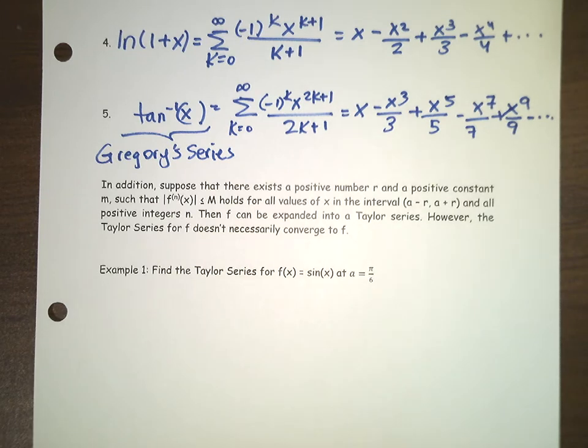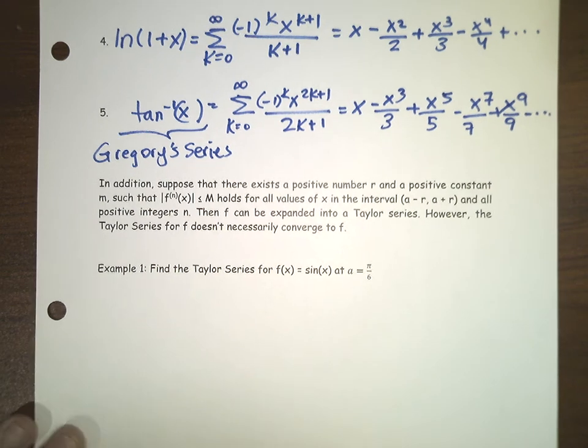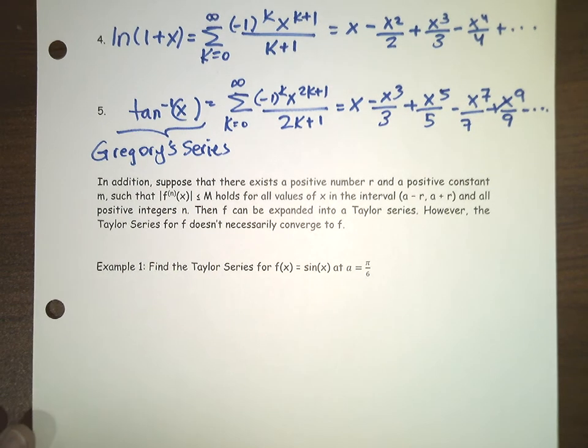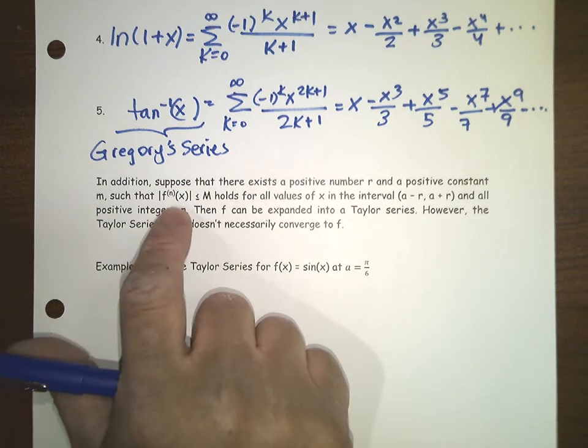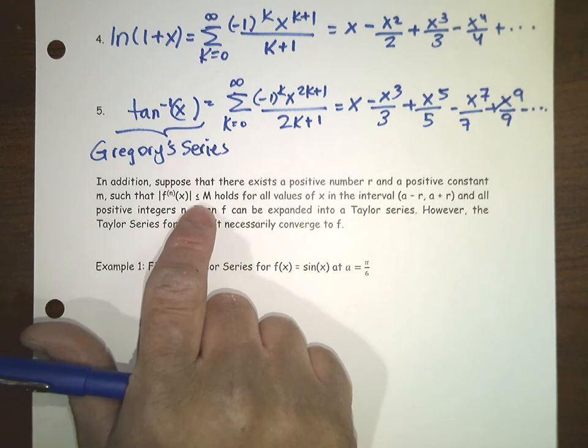All right, so now, in addition to all of this, let's suppose that there exists a positive number r and a positive constant m, such that the absolute value of the nth derivative of f at x is less than or equal to m.